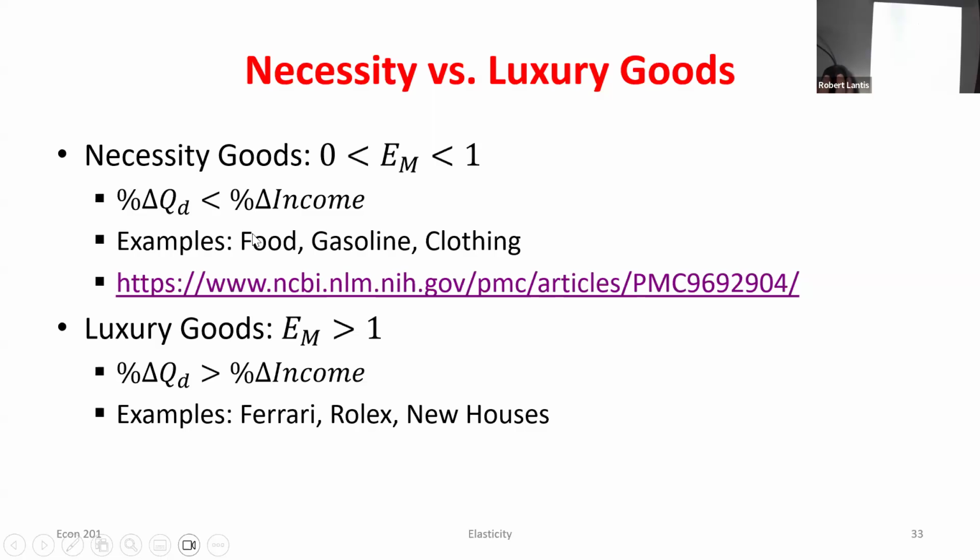Right? Now, there's some that are luxury goods, even within the same category of food, things that are more nutrient dense or health foods. So things like organic bananas, right? Or some of the other things that have higher quality cuts of meat. Those tend to be luxury goods. So even within the same category, we might see some types of food are necessity goods, other types are luxury goods. So I just thought it was an interesting thing to relate to what we're talking about in class.